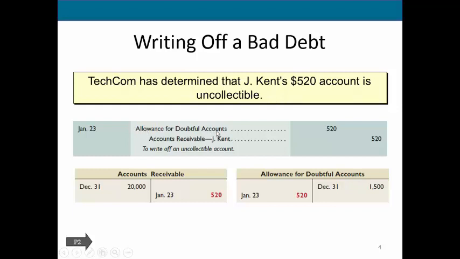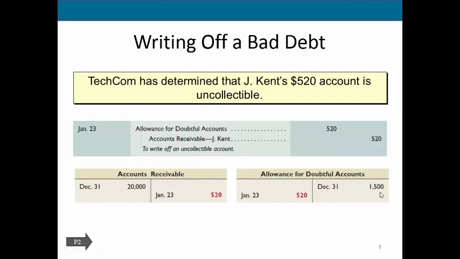We take it out by reversing it, so we're going to be debiting the allowance for doubtful accounts for the full amount of this specific customer's amount, and then we need to go ahead and write off this account receivable, meaning take this account receivable off the books. So if you look down here into our T accounts, let's concentrate on the allowance account. Remember, this allowance represents our estimate of what we think will actually end up being bad debt. So we originally booked the $1,500 that we estimate to be uncollectible.